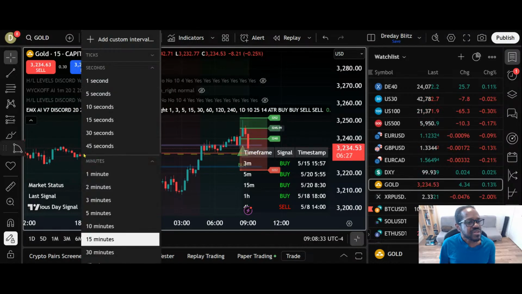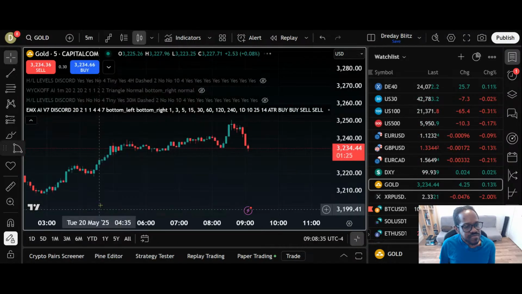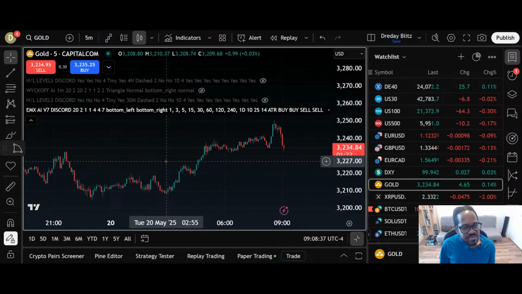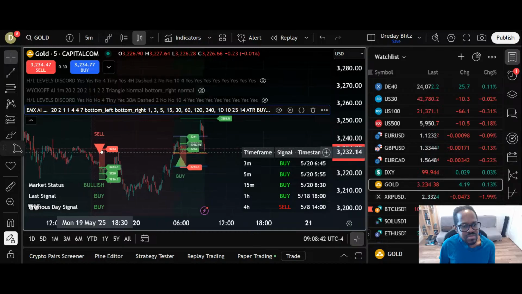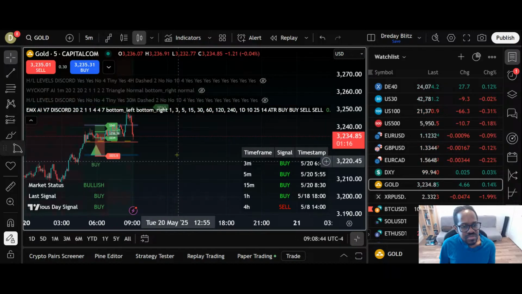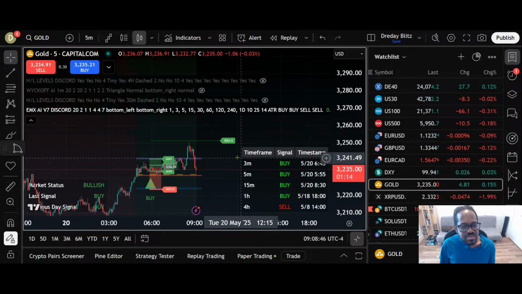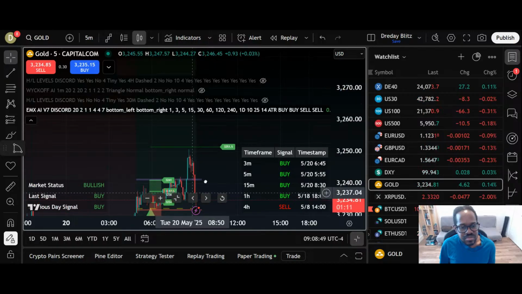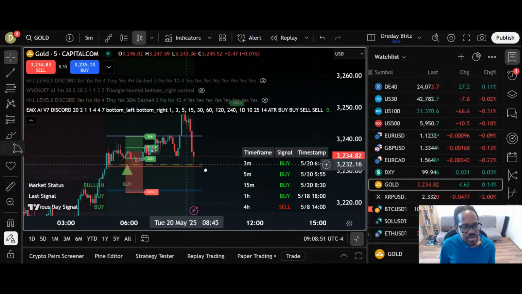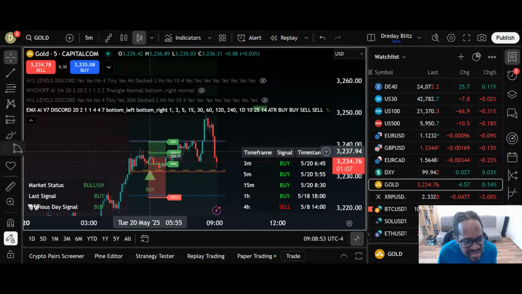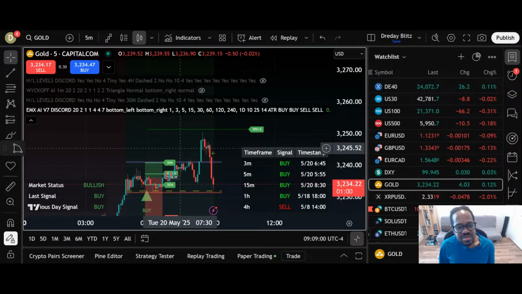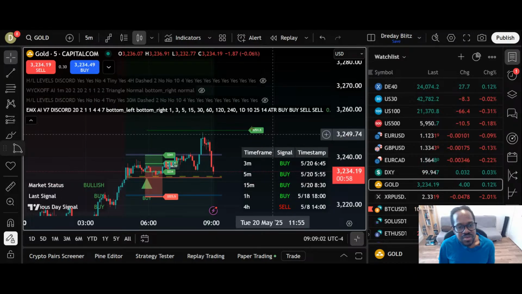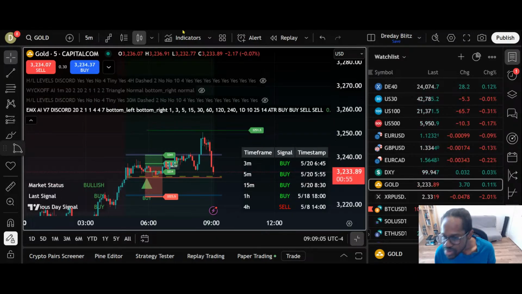Okay, so gold 5 minutes. So this is gold. So you took the buy here. So TP6, perfect. So you should be already out of that trade, right? For gold, Leon.